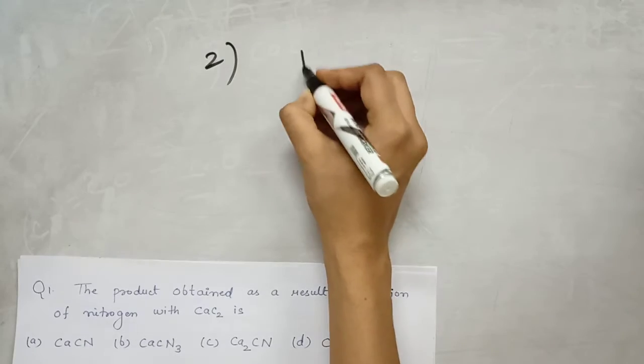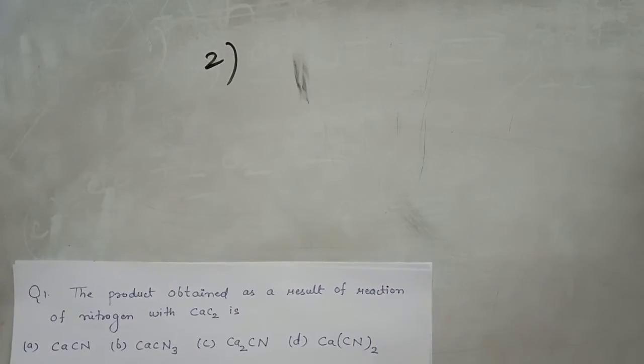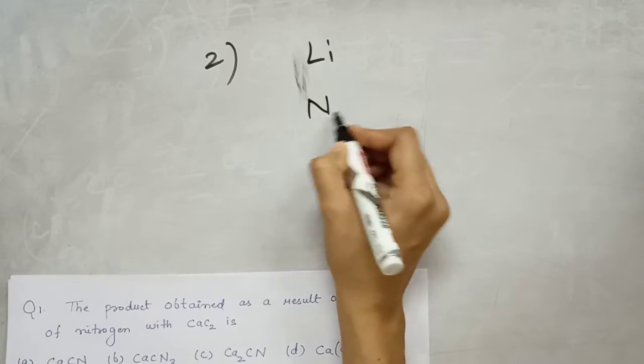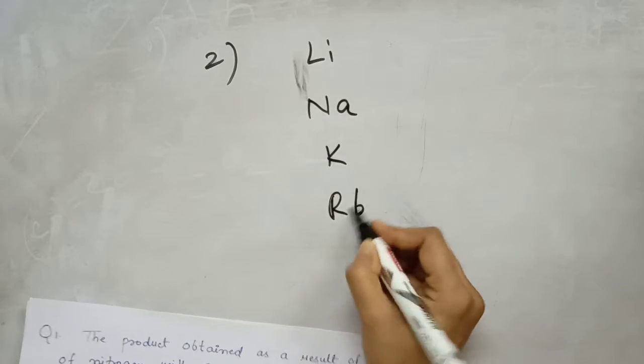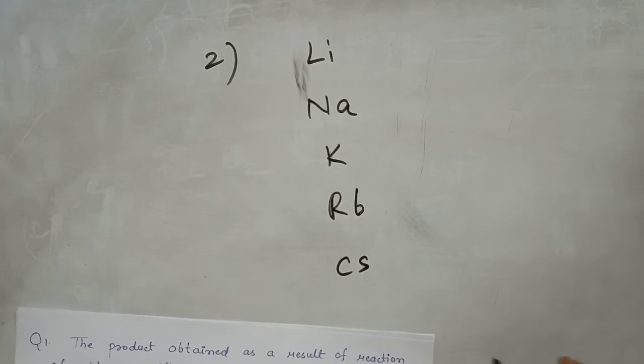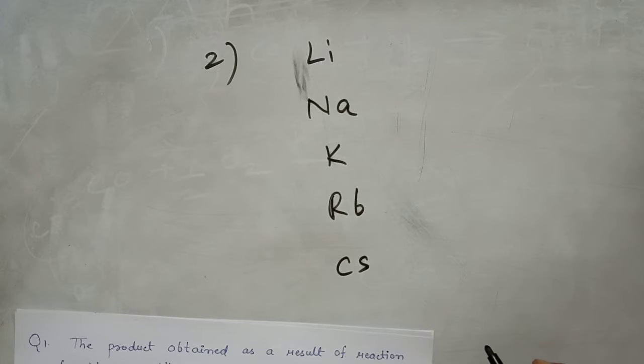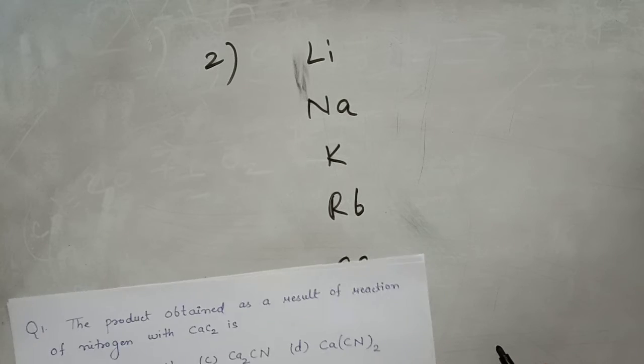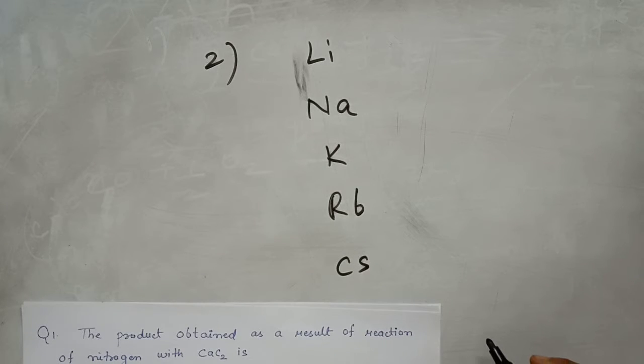I'll write it in the order of moving down the group: potassium, rubidium, cesium. This is the order as you move along a group, from top to bottom. You have to tell the ionic mobility of which of the following alkali metal ions is lowest.